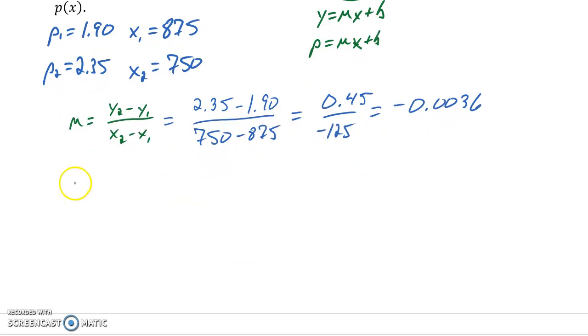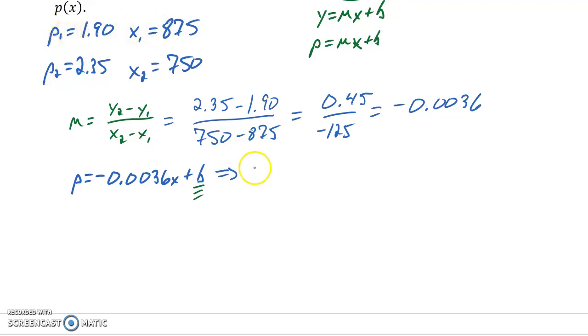So we could go ahead and jot down the information that we know. We'll have an equation of the form P equals negative 0.0036x plus some intercept b, which means the next piece of information we need to solve for is that y-intercept b. In order to do that, we can plug in either of our given coordinate pairs. So in this case, I'm going to use p1 and x1.